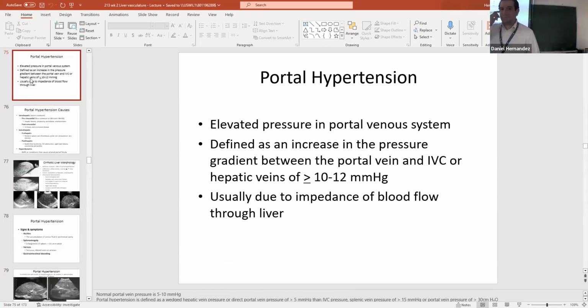We'll finish this next week, and the last week is liver transplantation. My eyes are already crossed. They all sound the same, portal vein, hepatic vein.